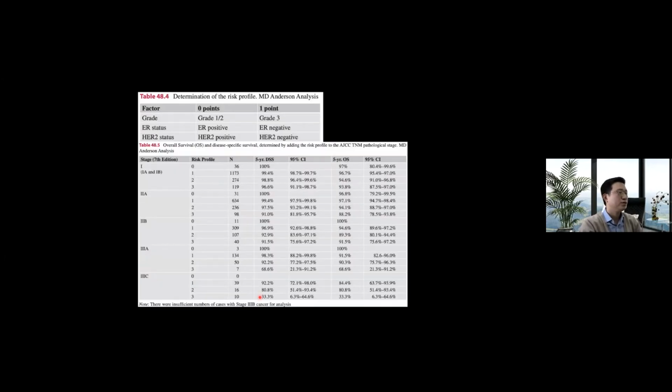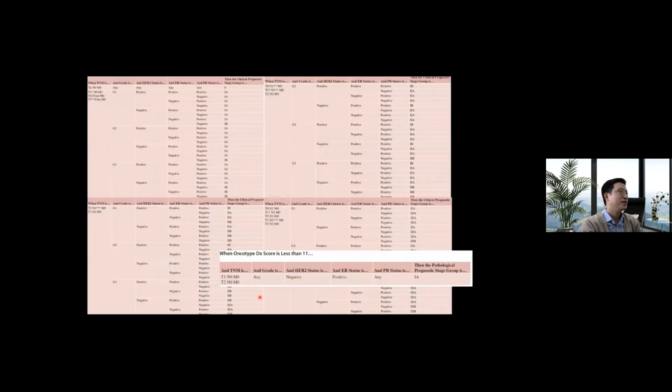And how do we stratify the patients? Actually, it's too long to review all of those. This is a part of the prognostic staging, and it goes pages long.